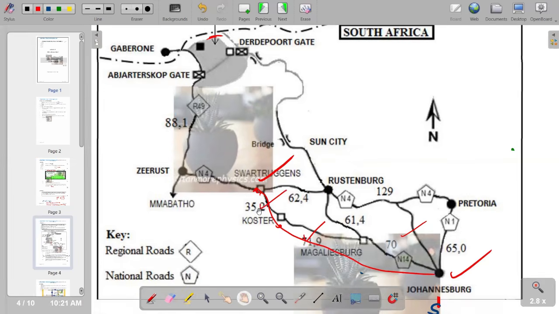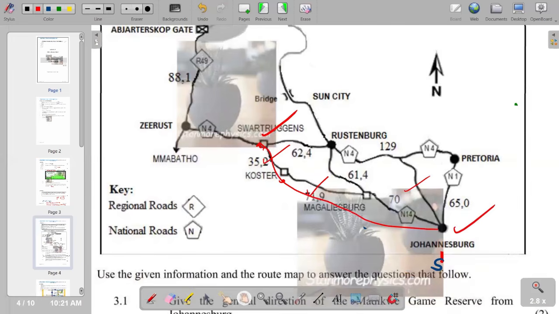So we are saying in response to that, travel via Costa. And then the distance is 35.2. And then you add 71.9.